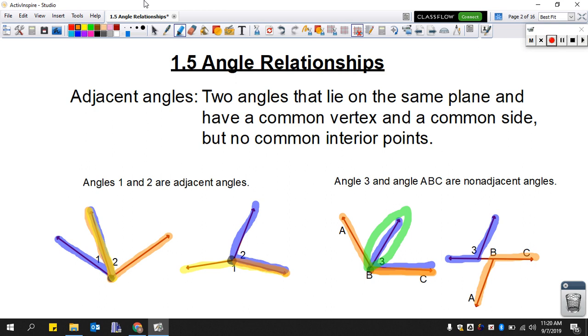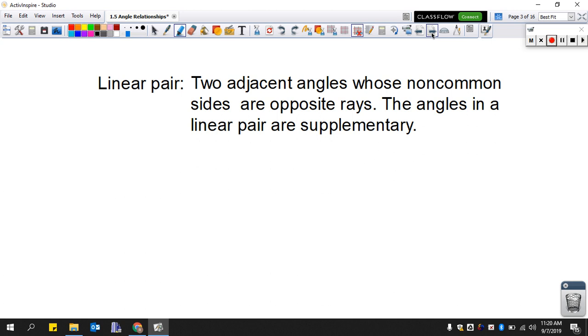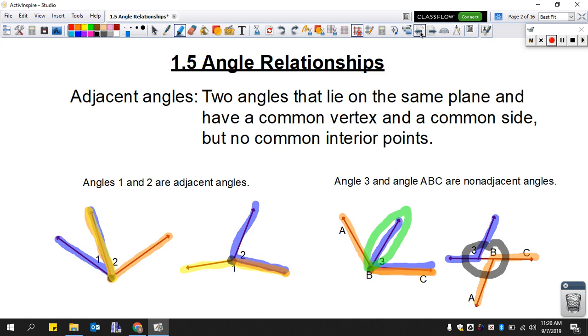And it's pretty obvious to see that the reason that this is non-adjacent is because we do not have a common vertex. Go ahead and pause this video and copy down this definition for adjacent angles.